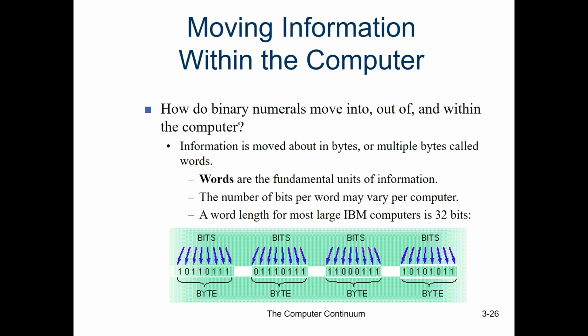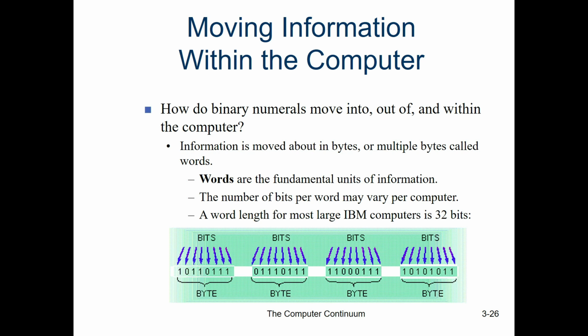So we need to think about how binary numerals are moved into, out of, and within the computer. Information is moved in bytes or multiple-byte code words in a word format, and is passed into the circuitry of any computer. Words are a fundamental unit of information. The number of bits per word may vary per computer.